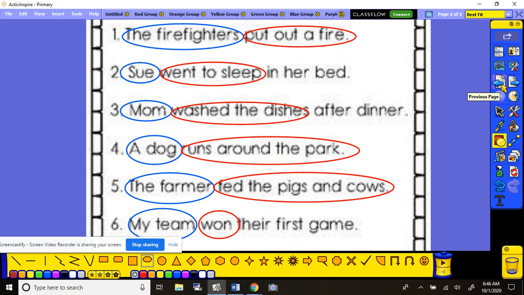So remember, it's very important that we write in complete sentences when we're writing so that we are understood and so that we can get our point across, and so that anyone who reads our writing, it will make sense to them.